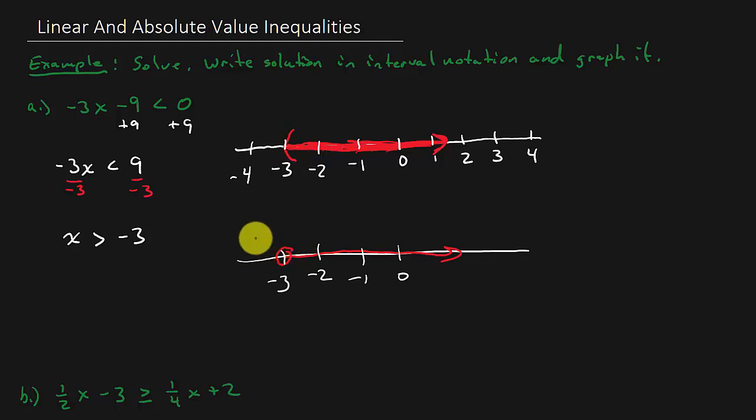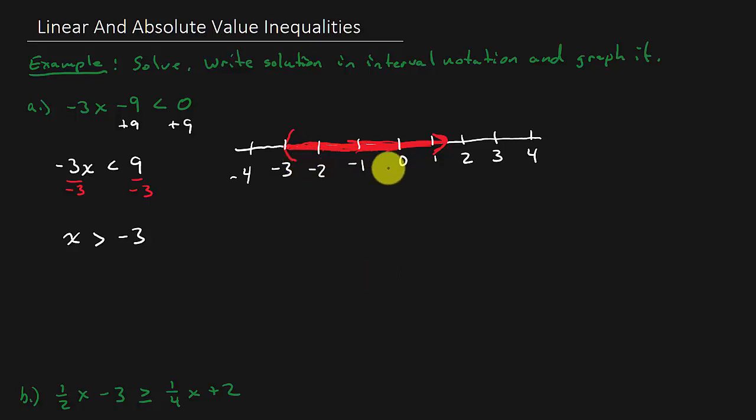But for this video, I'm going to use the parenthesis because the book that I'm teaching out of right now uses parentheses, and several of the other books that I've used have been using parentheses instead of an open circle.